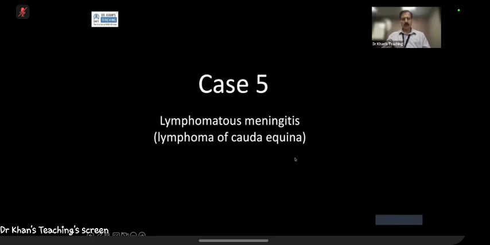Now, this is a special type of lymphoma, which we call lymphomatous meningitis. Nobody is expecting you to say that, but this will be in the differential diagnosis.